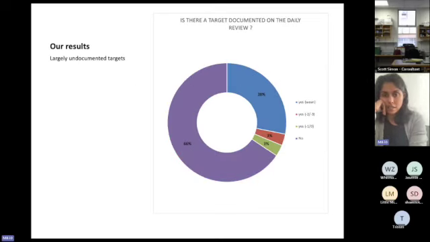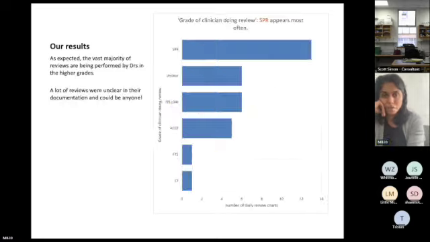A target RASS being documented on the daily review, in the finalizing bit at the end of the chart. Also, there was nothing really written by anyone there, and we found that the majority of targets were undocumented.